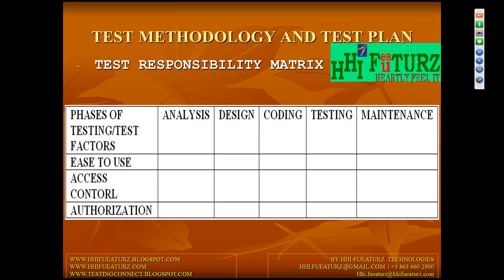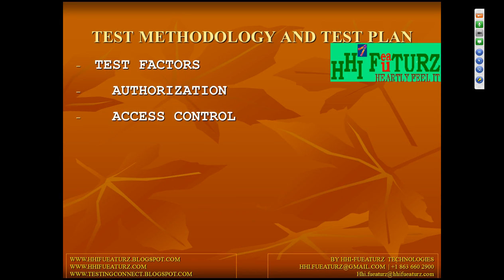What are the phases you will come across in your SDLC? Analysis, design, development, testing, release and maintenance. And what are the test factors? Easy to use, access control, authorization, encryption, like that. In total, 15 test factors you will come across.